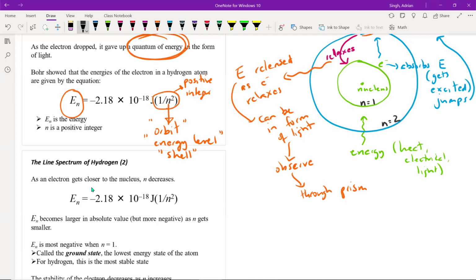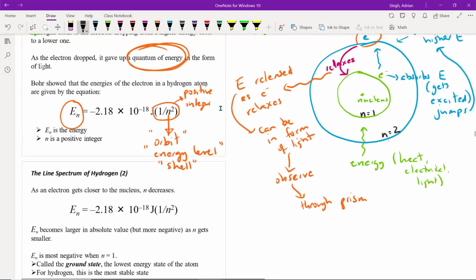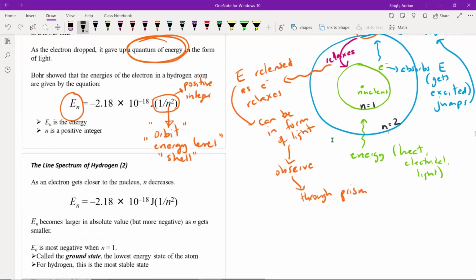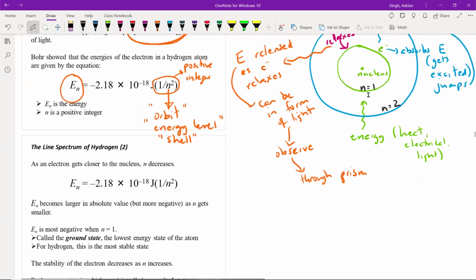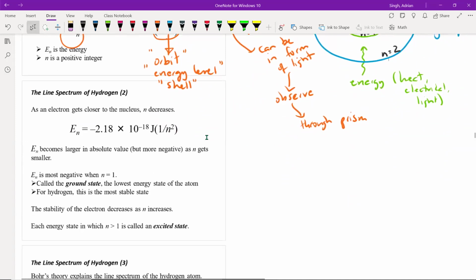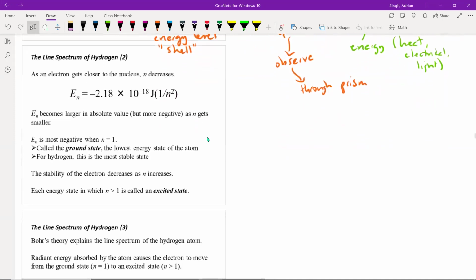So what that means is, if an electron gets closer to the nucleus, what happens to n? Well, as we get closer to the nucleus, n decreases. If you look at our equation, let's interpret how the energy of the electron changes as a function of n. If n increases, what happens to this term, 1 over n squared?